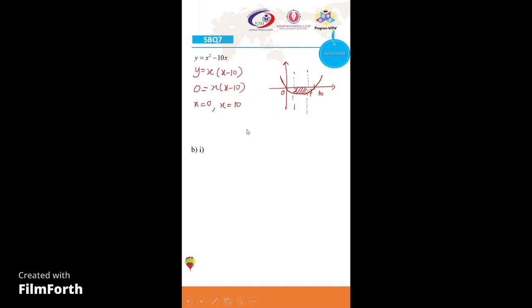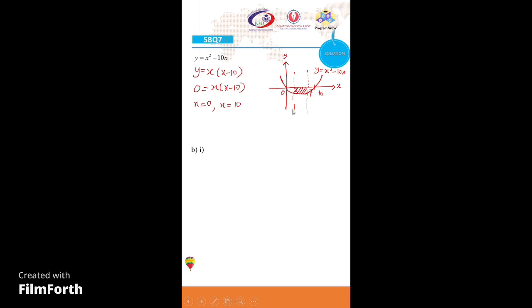Okay, so you have the lower limit 2 and your upper limit is 7, and your upper function is your x-axis and your lower function is your curve y equals x squared minus 10x.